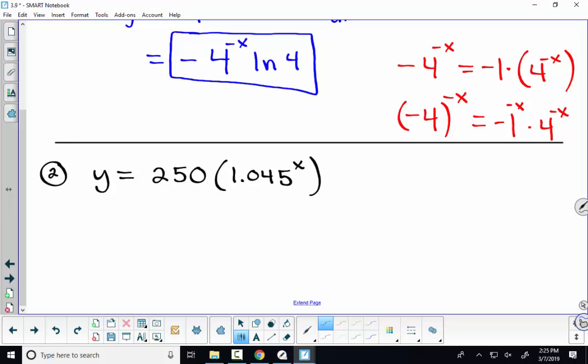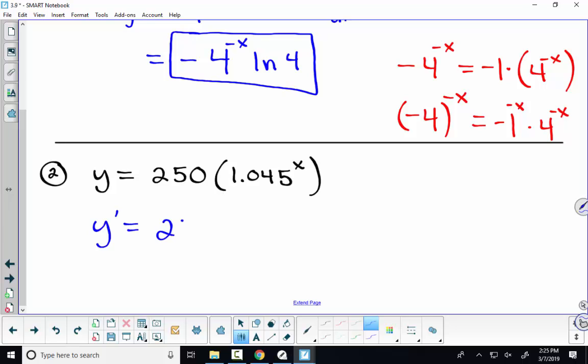Is it a product rule? No, because 250 is a constant on the outside, so you can take that out. It looks like a product, but remember when we say product rule, it's explicitly applied to two functions of x, a function of x times another function of x. 250 is not a function of x, it's just a constant. It would have been a product rule if it was 250x times the exponential.